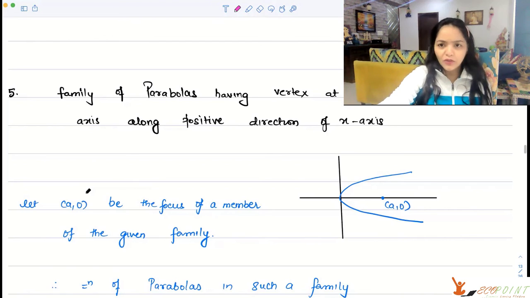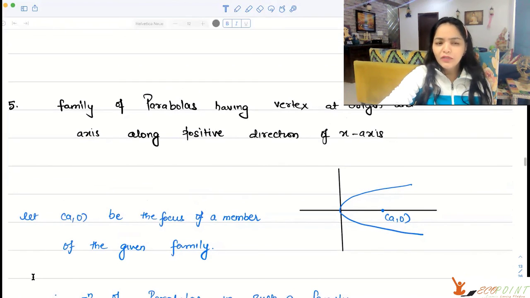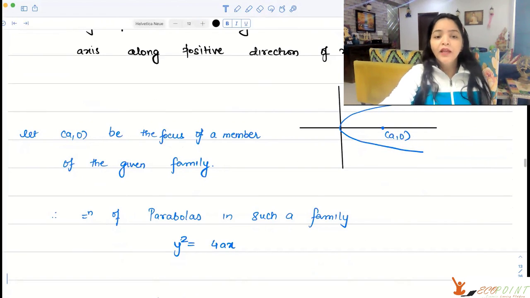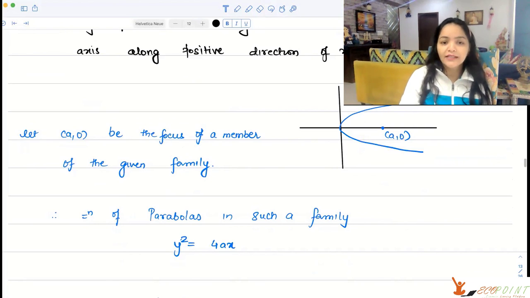Now what will be the equation of any such parabola? You need some basic knowledge of equations of circles and parabolas. So y squared equals 4ax, because it is on the positive side of the x-axis. Again, you just have one parameter here.